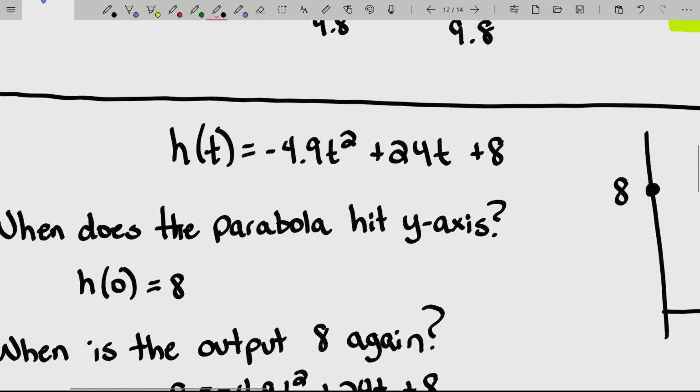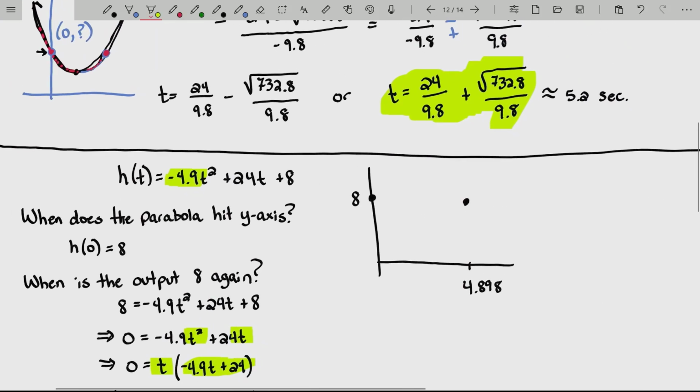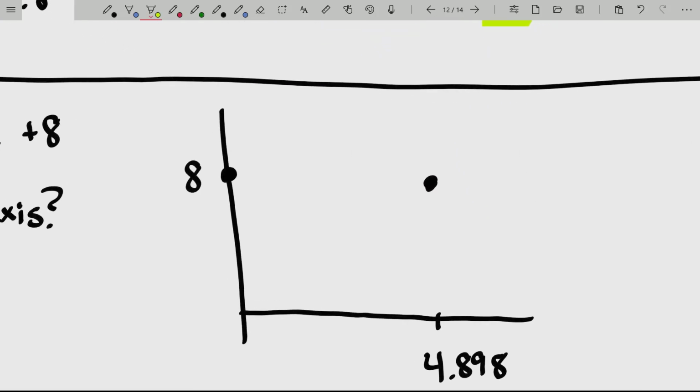Now, if you look at your equation, your function here, the lead coefficient is negative. So you happen to know that whatever parabola is connecting those 2 points, it's upside down. So it looks something like this. Well, probably more beautiful than that, honestly, but whatever.